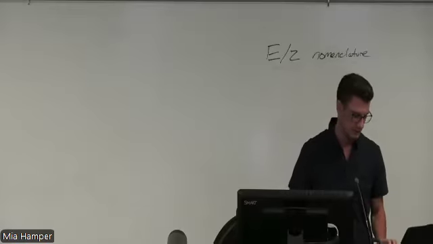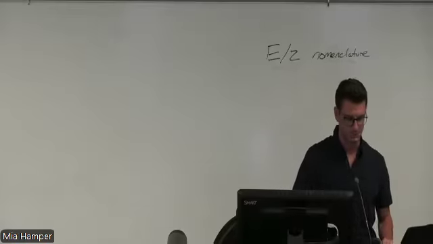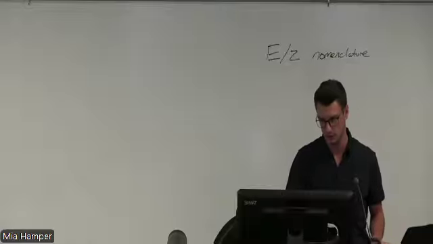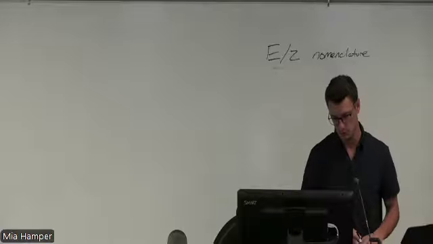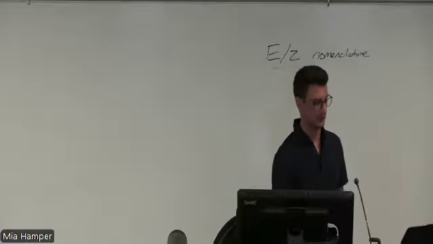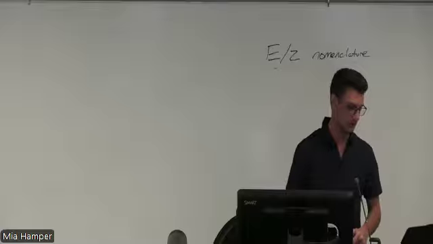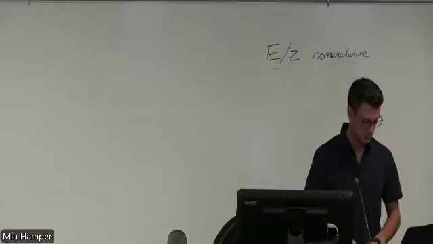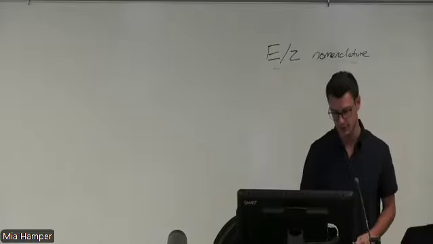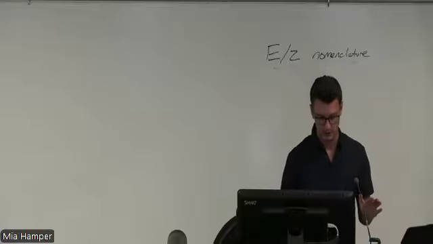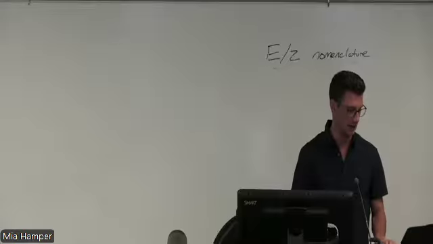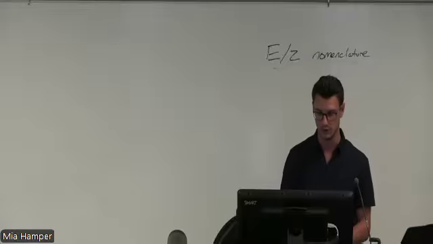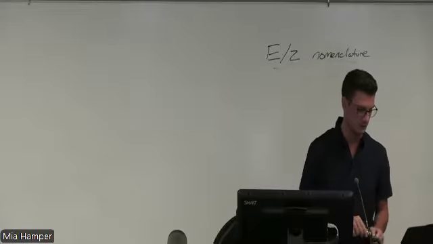All right, so today I'm going to do a little clip on E and Z. While we get into elimination reactions, we have to be familiar with E and Z nomenclature because it does tie in with reactions in a way that we have to know how stable or how unstable a double bond is going to be.